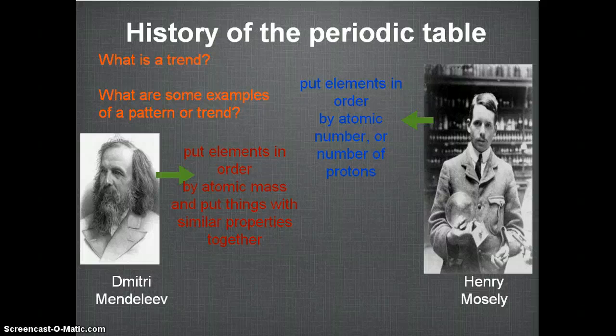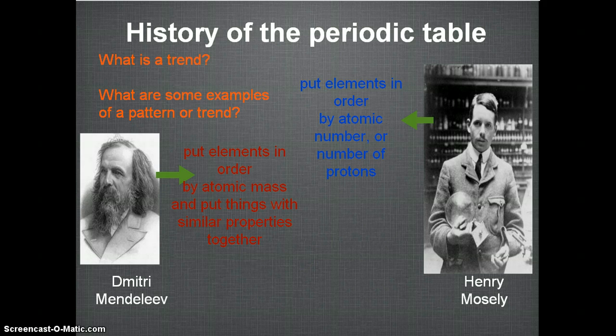So then they got more and more, and by the 1900s they had close to 63 elements, and we now have 117. So Mendeleev, late 1800s, was the first guy to put the elements in order by atomic mass, and he put things with similar properties together.